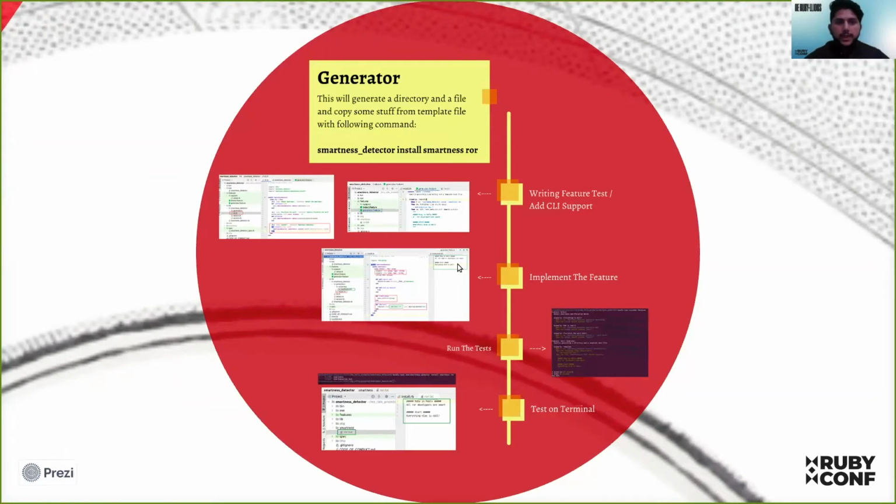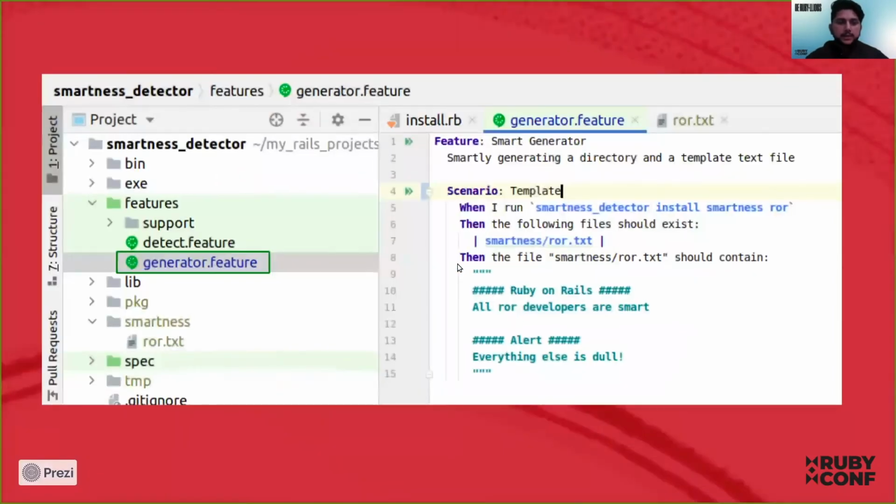So the idea is when I run smartness detector install smartness with ROR as an argument, it should generate an empty directory named smartness, and there should be a template file ror.txt inside it. So we will follow the same pattern. We will start with the test. To add the test, we will create a generator.feature file under the features directory and define our feature.